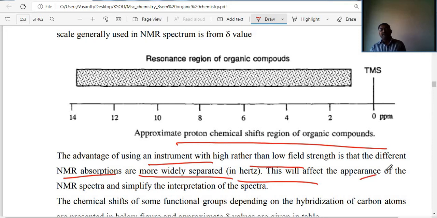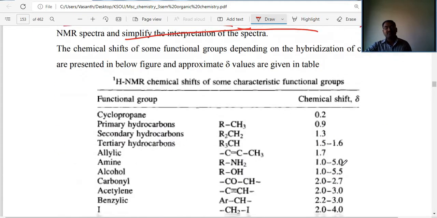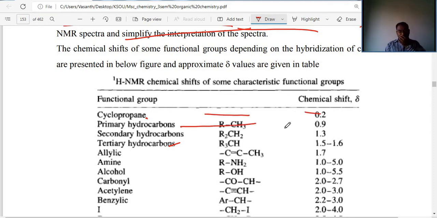This will affect the appearance of the NMR spectra and simplify the interpretation of the spectrum. Here are all the functional groups and their NMR shifts: cyclopropane, primary hydrocarbon, secondary hydrocarbon, tertiary hydrocarbon. The chemical shift is also mentioned along with each functional group.